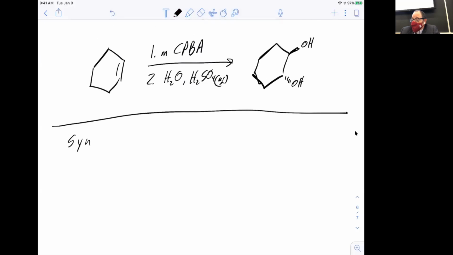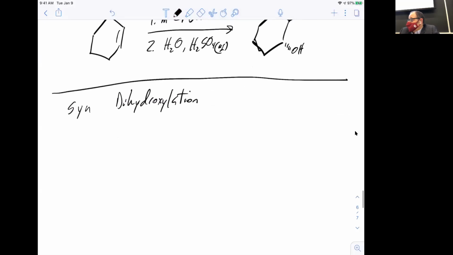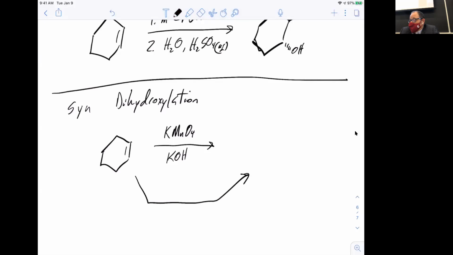So if we look at syn dihydroxylation, what we're going to use is a metal oxide.